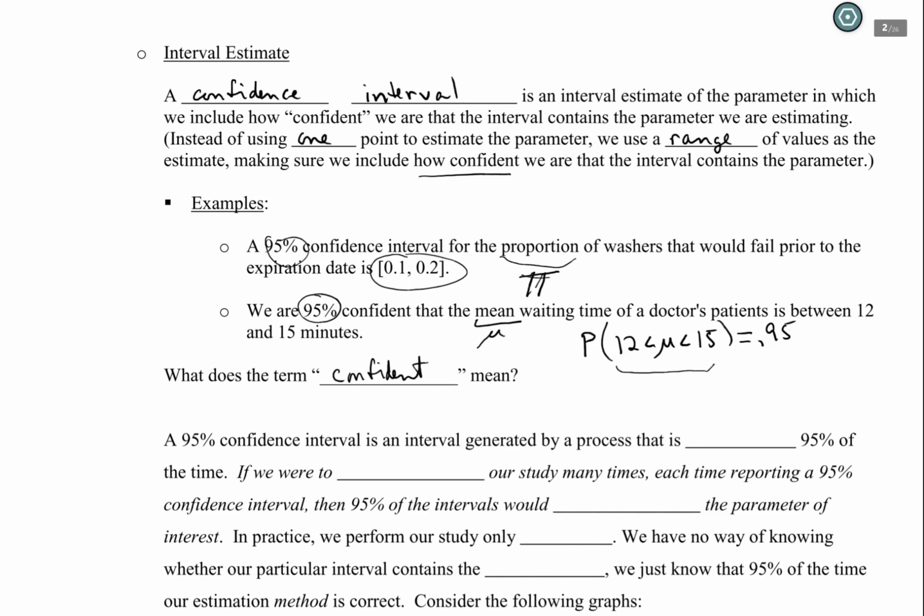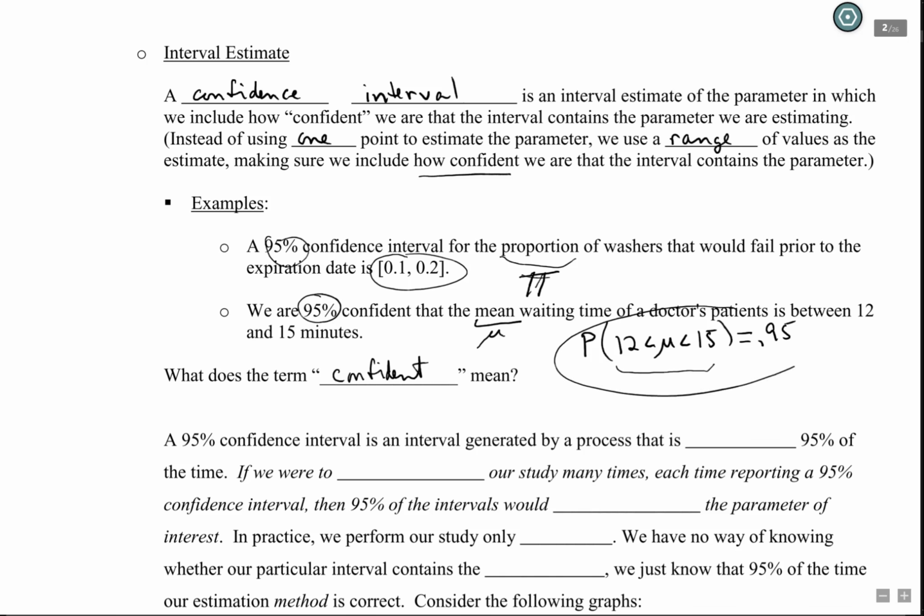Why do I say that? 12 is clearly not random. 15 is not. Mu, yes, it's a symbol there, but it's a fixed parameter. It doesn't change from sample to sample. And so mu is either between 12 and 15 or it's not. To say that the probability mu is between 12 and 15 is 0.95 is erroneous for our interpretation of probability. So this sort of interpretation for confidence is not appropriate.